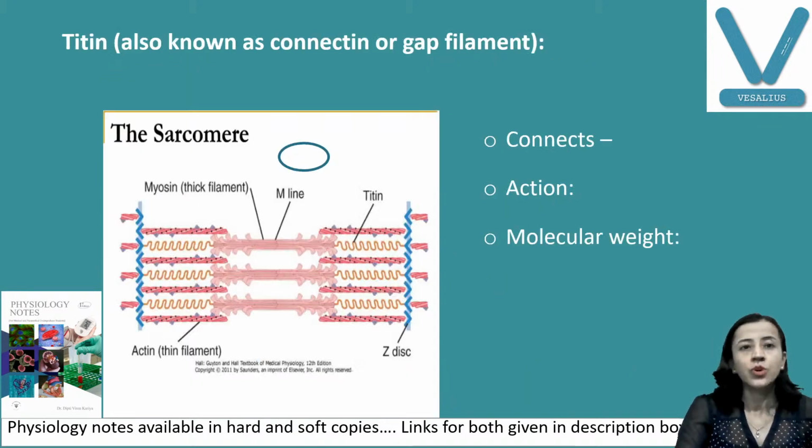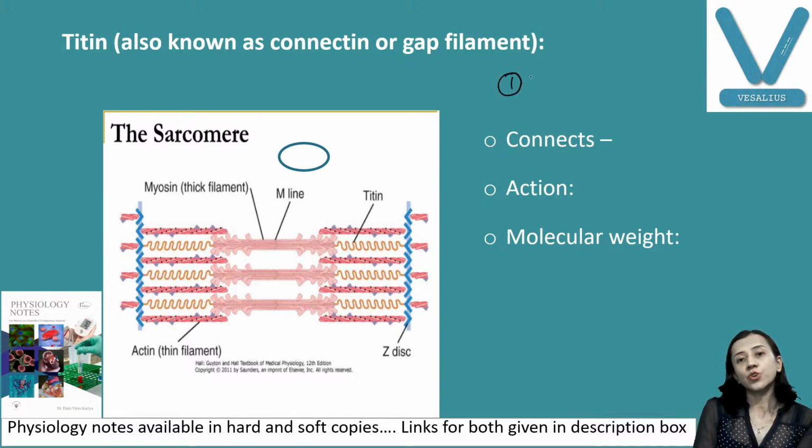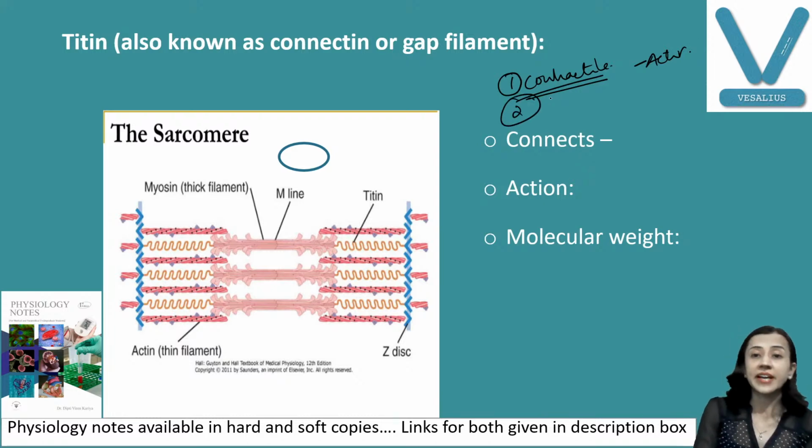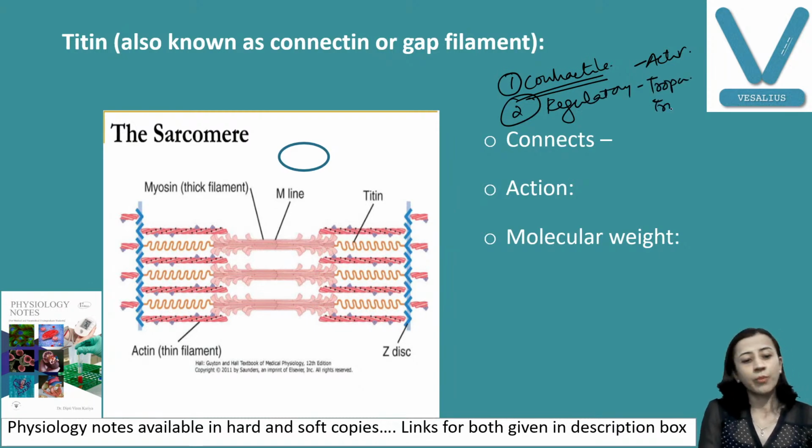Now next, as we have discussed, 3 types of proteins are there. Number 1, your contractile proteins. Which are contractile proteins? Actin and myosin, as we discussed. Second, your regulatory proteins. Regulatory proteins are troponin and tropomyosin.